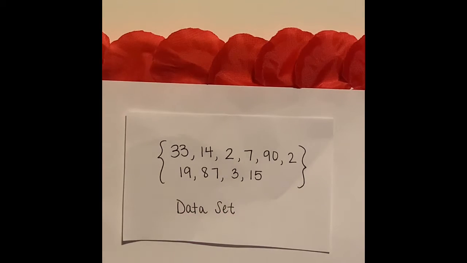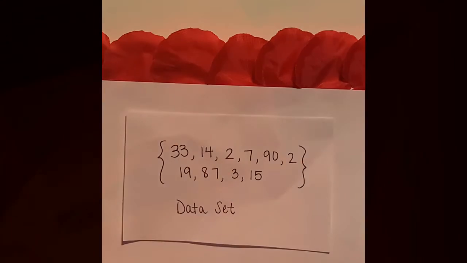So here I have the numbers 33, 14, 2, 7, 90, 2, 19, 87, 3, and 15. With these numbers, the first thing I'm going to do when I'm finding my mean is add them. Once I add them, I am then going to divide by the number 10, simply because I have 10 numbers in my data set.